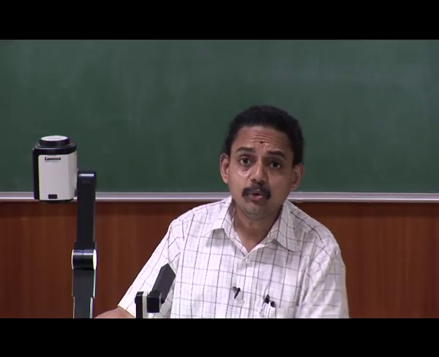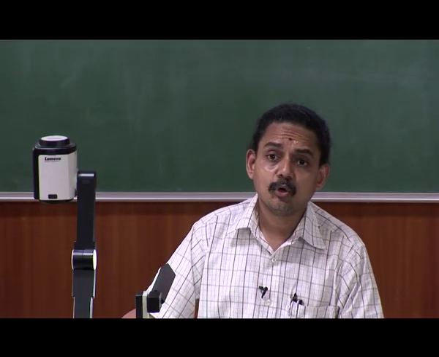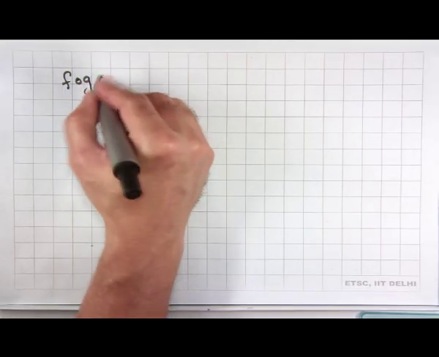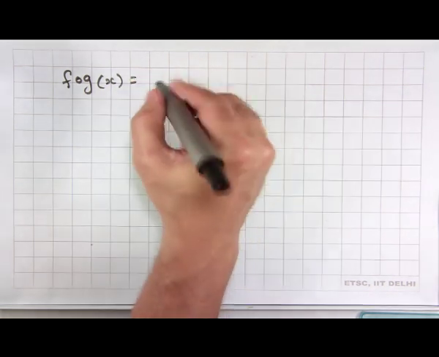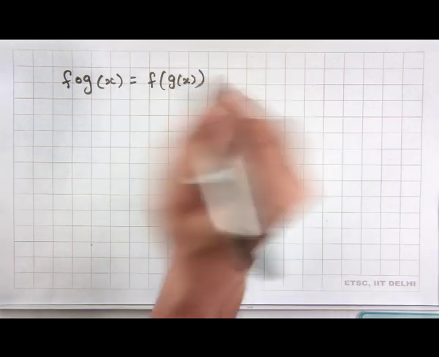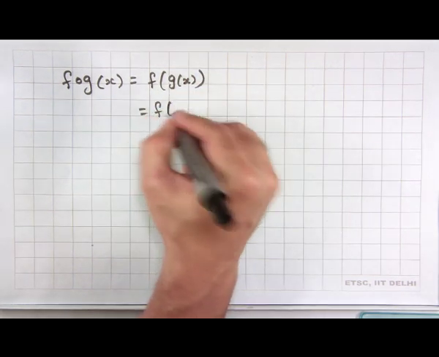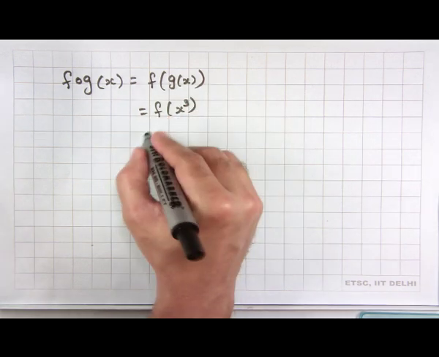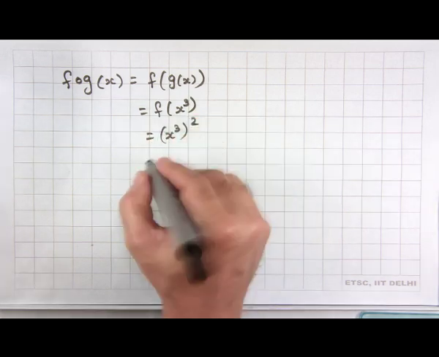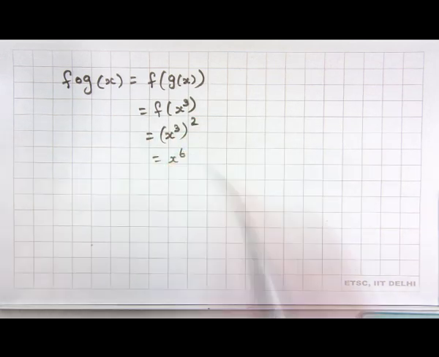Let us try to compute f composed with g and g composed with f. f composed with g at x, which by definition is f of g x, which is f of x cube, which is x cube whole square, which is exactly x power 6.